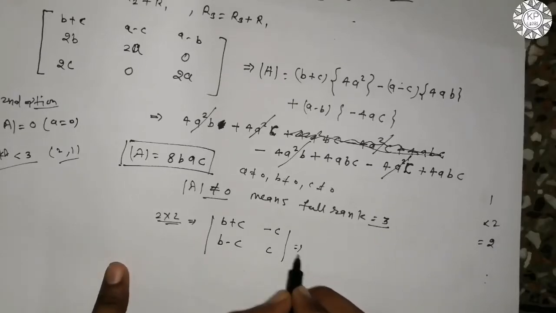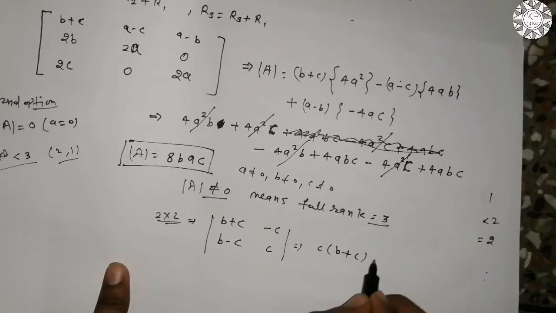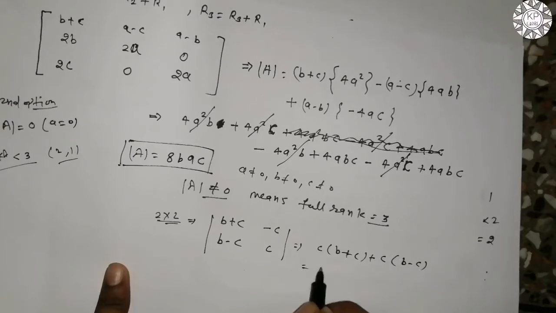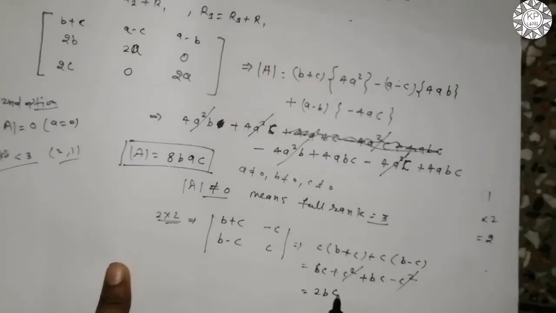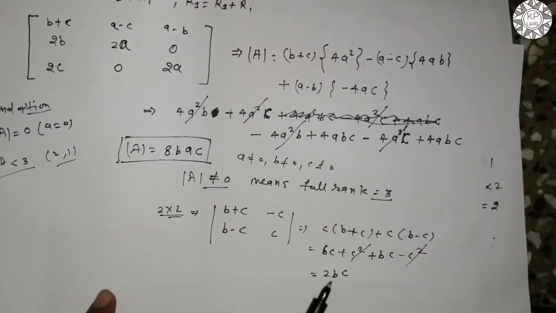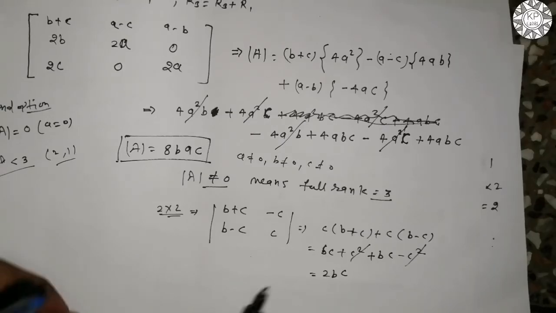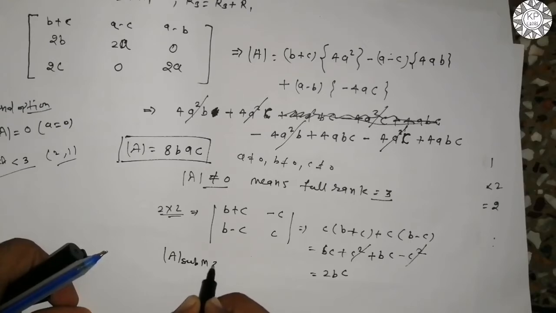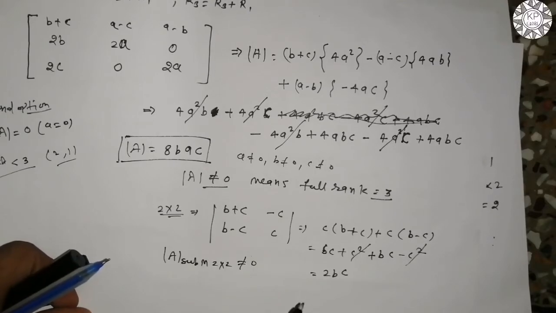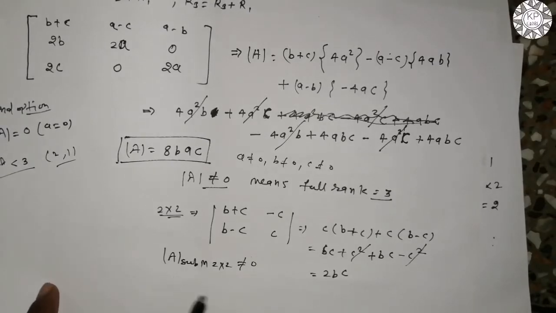Check the determinant: bc plus c square plus bc minus c square, c square cancels out, equals 2bc. In this case b and c both are not equal to 0, so the determinant of the 2 cross 2 submatrix is not equal to 0, which means rank of A equals 2.